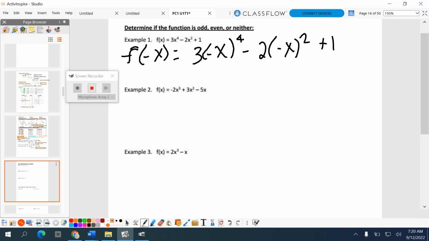And if I produce positive numbers here, and the function doesn't change, then it's going to be said to be even, but we would also need to look at it graphically to ensure that this is true. So far, I produce a function whose signs don't change if I put a negative inside.